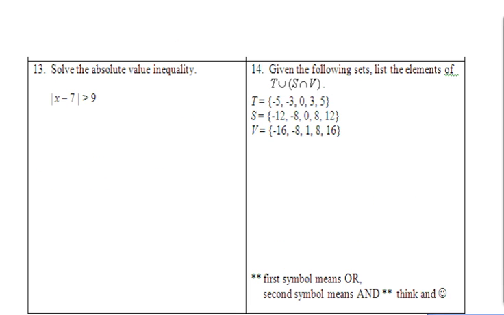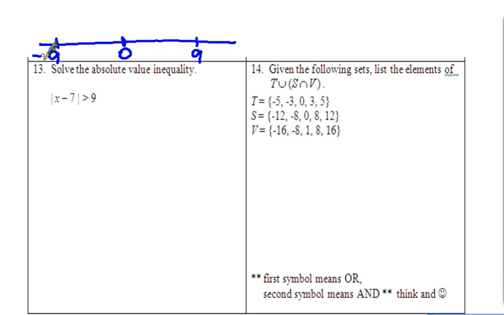Next, the last two problems. Again, we are using absolute value, but this time an inequality. And again, the expression is x minus 7, and let me just draw it above here. The absolute value means the distance from 0 is greater than 9. There are two numbers whose distance is exactly 9 from 0.